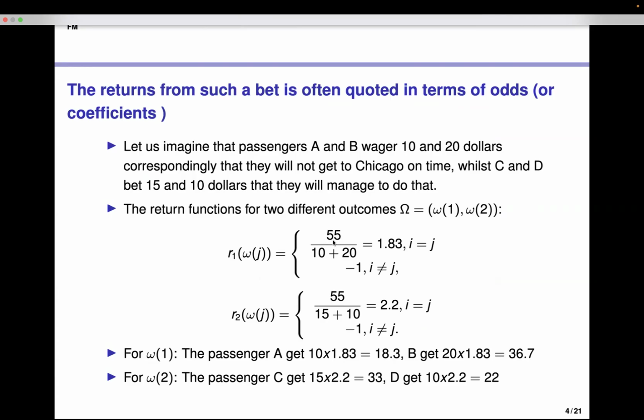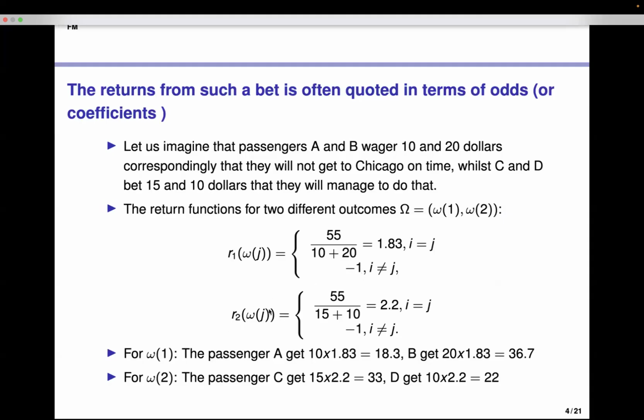So the total sum is 55, and passengers A and B put $10 and $20. So the return function will be 1.83 if their wager coincides with the outcome of the experiment. And otherwise, they lose the money, and the return function equals -1.